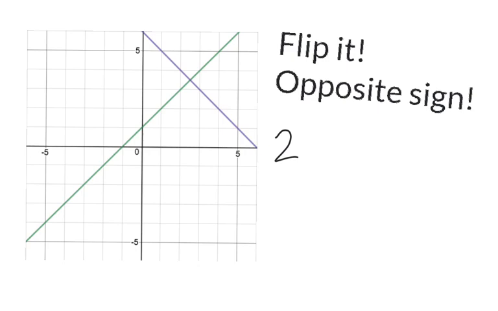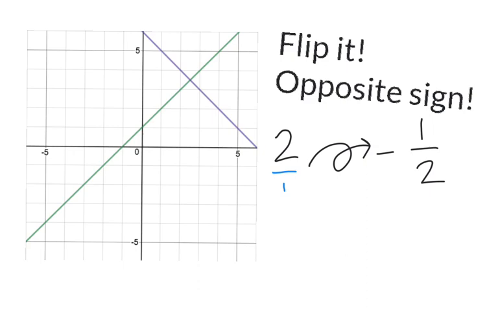In this case, I've got a whole number, but remember, every number has a popsicle stick. It's my favorite thing. So when I flip it, I get 1 over 2. And then opposite sign, I'm going to make it negative in this case. So I went from positive 2, I found that it has a popsicle stick, a 1 underneath, and then I flip it, 1 over 2, and I make it negative.